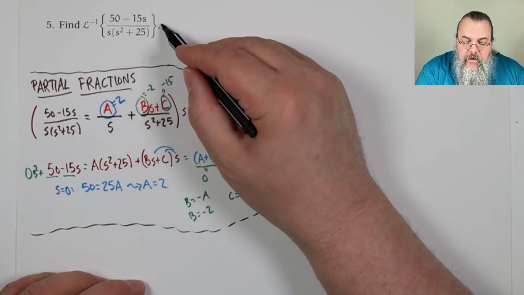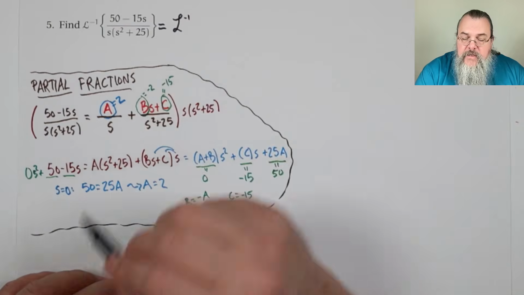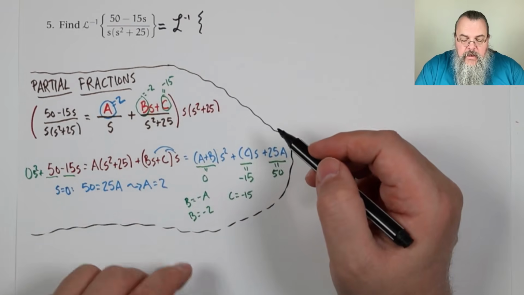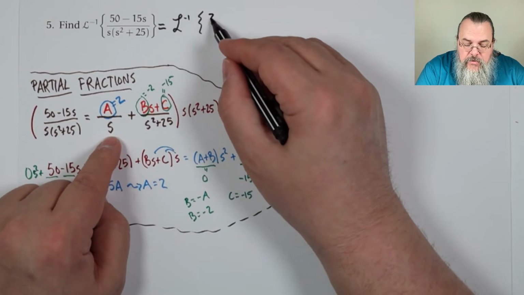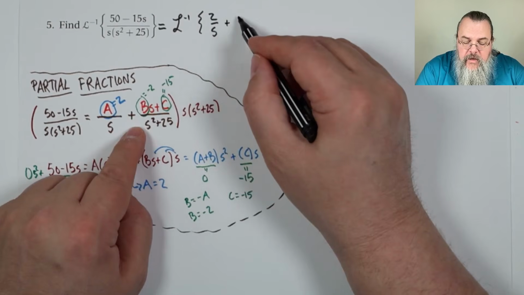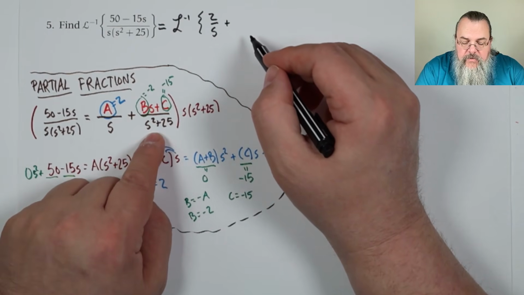This says that this is equal to inverse Laplace of, upstairs, let's just follow along here, 2 over s plus a minus 2s minus 15 over s squared plus 25.